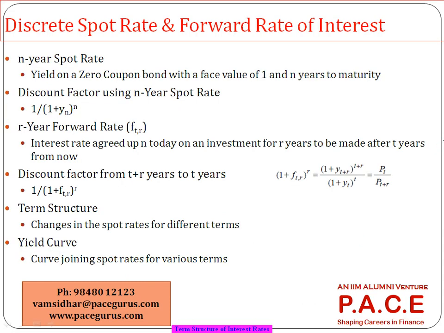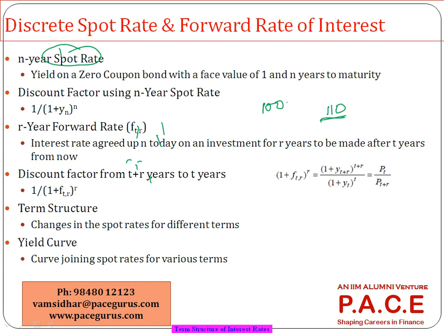To start with, whenever we talk about the word spot rate in terms of bonds, bond pricing and bond valuation, we use this word a lot. Whenever we call something a spot rate, it is nothing but the yield on a zero coupon bond. Let's say I have invested 100 today and the bond has given me 110 after 1 year.